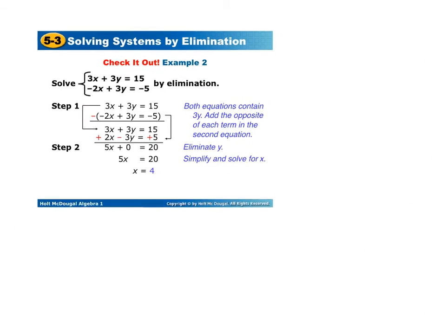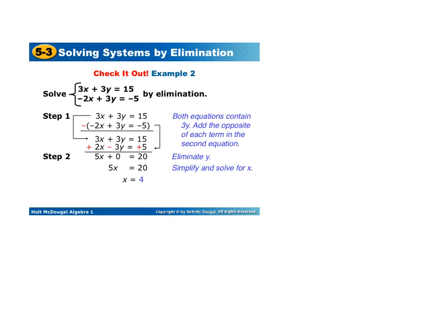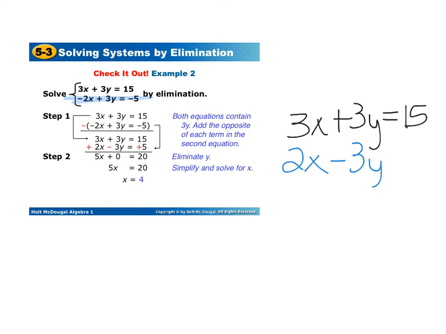So what again we're going to do, take our original equation, 3x plus 3y equals 15. I'm going to now take this equation here and I'm going to flip all the signs and write it underneath. So now it's going to become a positive 2x, a negative 3y, and a positive 5.